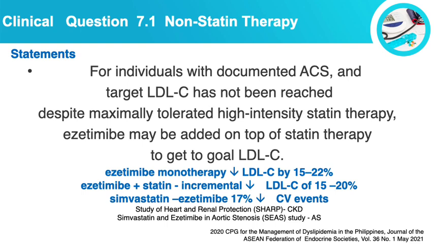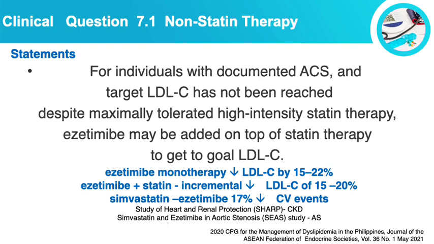This guideline recommends that ezetimibe should be given to patients with documented ACS on maximally tolerated statin therapy, not at goal LDL-C level. Based on the SHARP trial on CKD patients and the C study on aortic stenosis, it is noted that ezetimibe monotherapy results in a reduction of LDL-C by 15 to 20%.